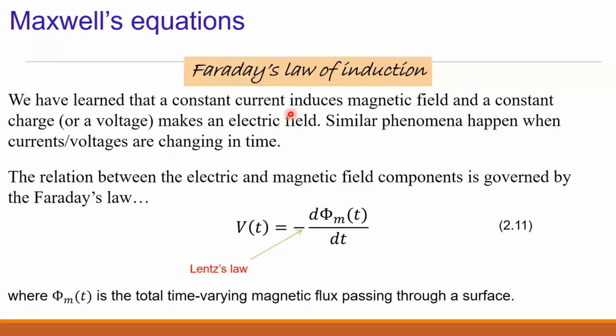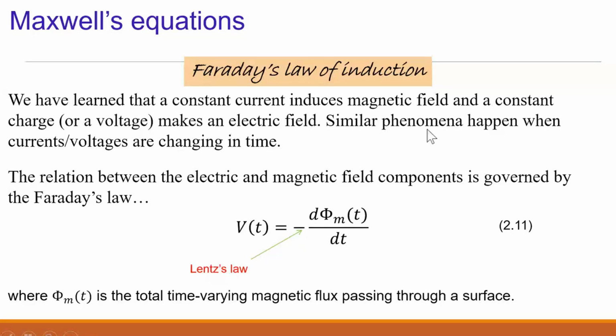So it will have a changing magnetic field, but if the charge is constant, then it will make an electric field, not a magnetic field. Similar phenomena happen when currents and voltages change with respect to time.